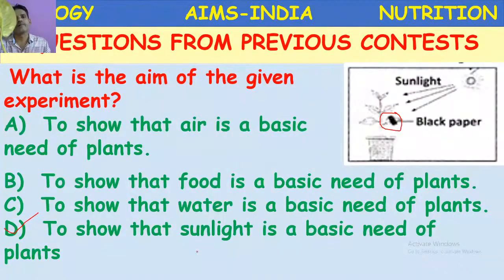When this leaf is detached in the evening after photosynthesis and the iodine test is conducted, the white patch region doesn't turn blue because the pigment chlorophyll is not present, but the green portion of the leaf turns blue. That shows the importance of chlorophyll in photosynthesis.